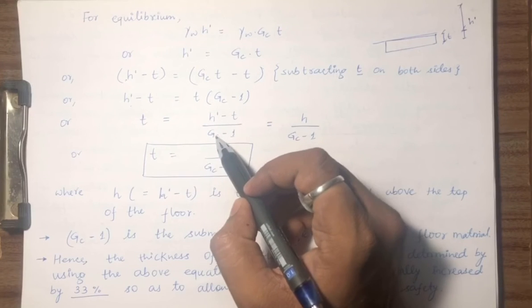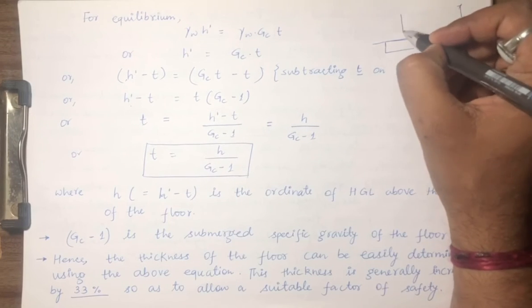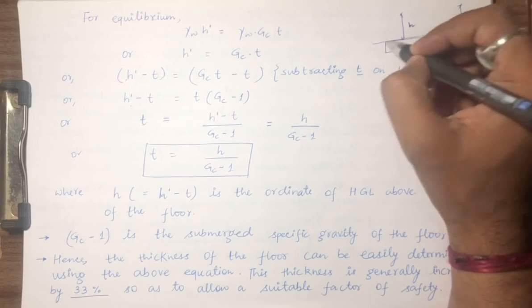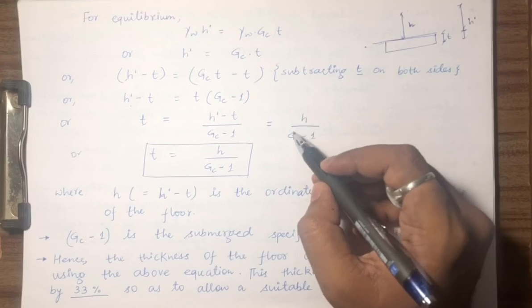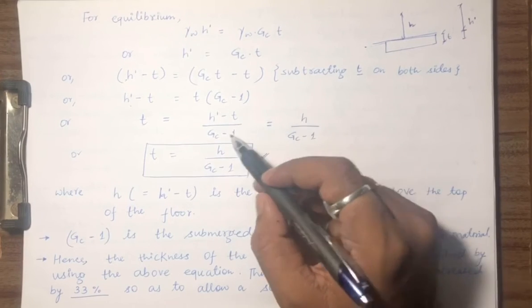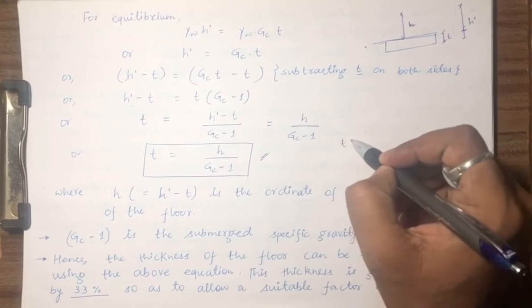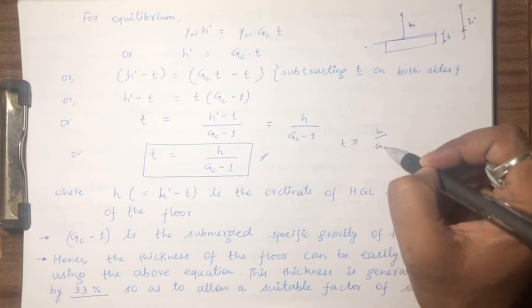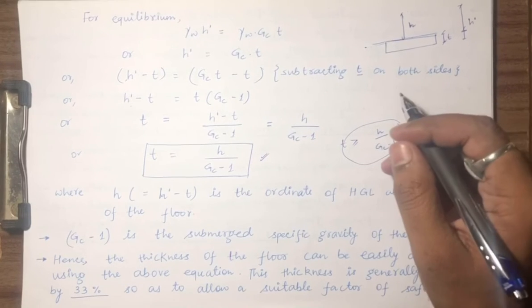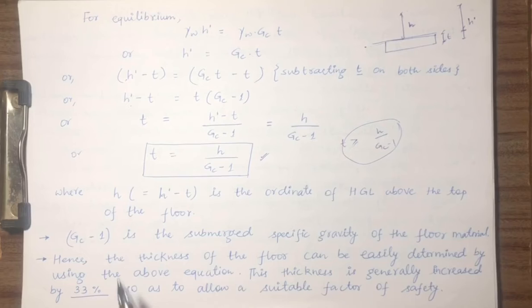Or we can say this is h, the head above the floor, so t equals h upon Gc minus 1. This is the least thickness, so t should be greater than or equal to h upon Gc minus 1 to be safe against the upliftment.